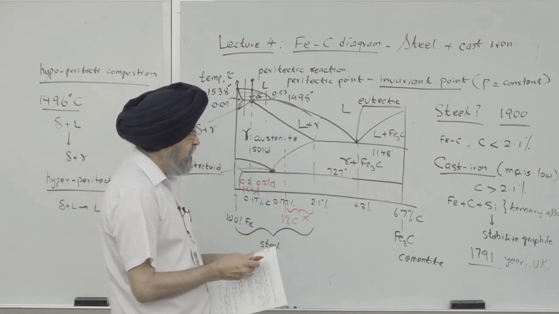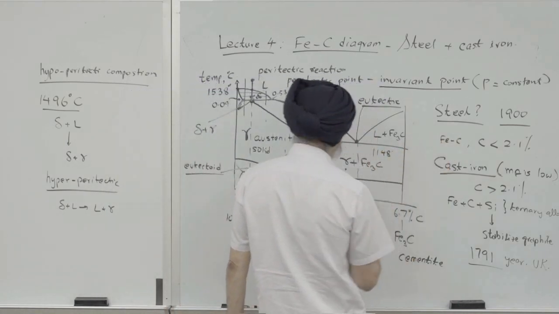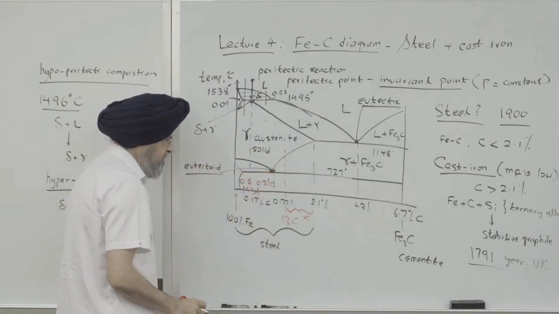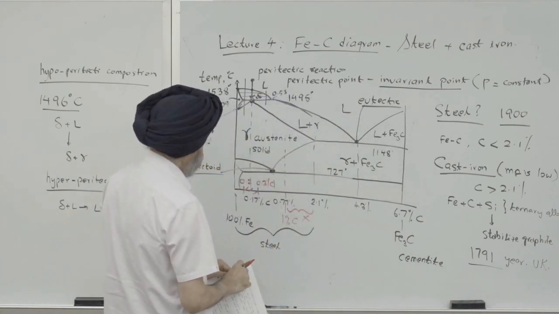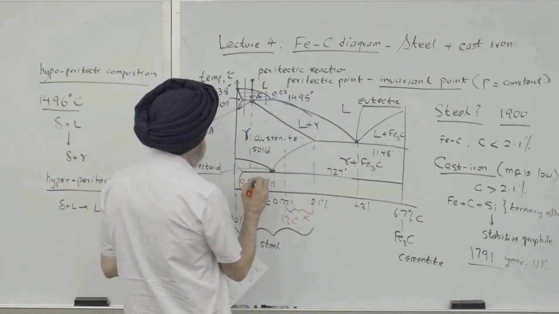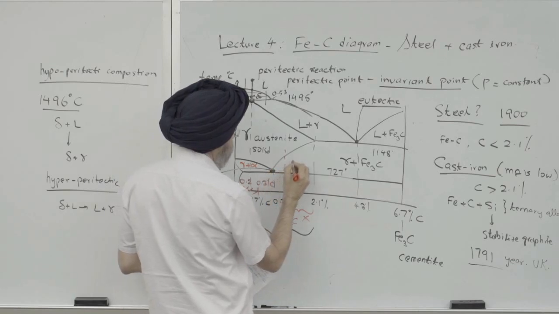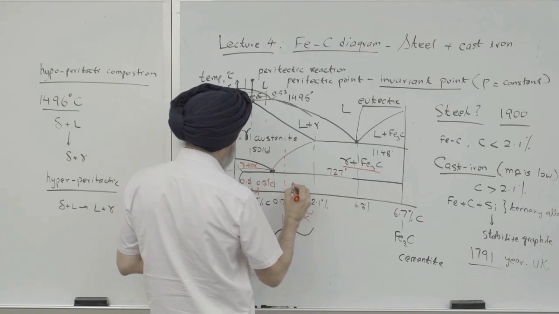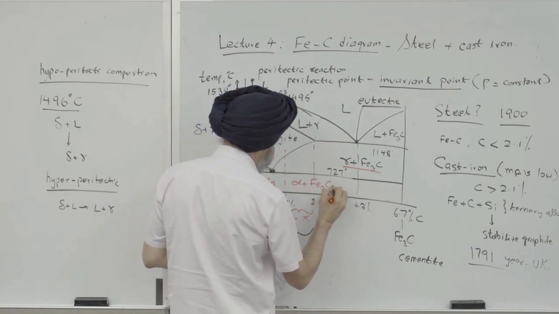What other difference do we have between steel and cast iron? So steel has two phases. Okay, before I go there, let me discuss this eutectoid reaction. Or I can do that a little later, sorry. So over here, I have gamma plus alpha. Over here, we have gamma plus ferrite, and over here we have alpha plus cementite.